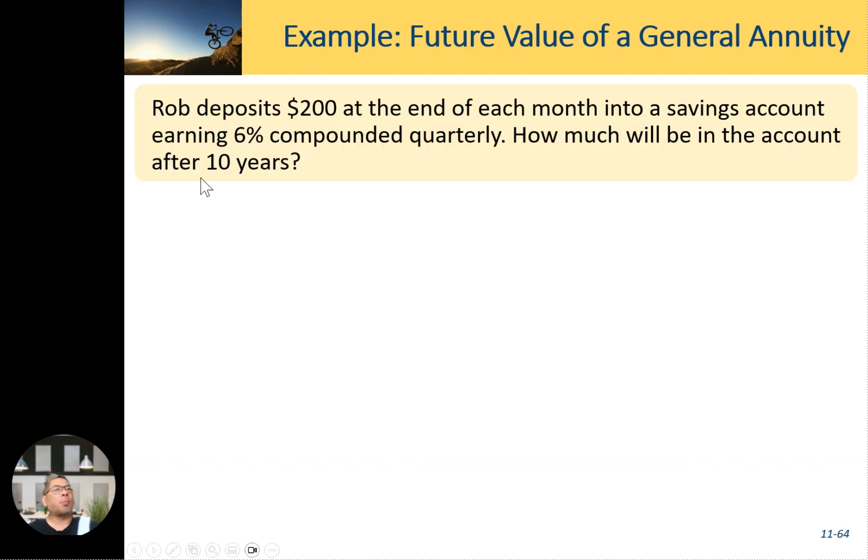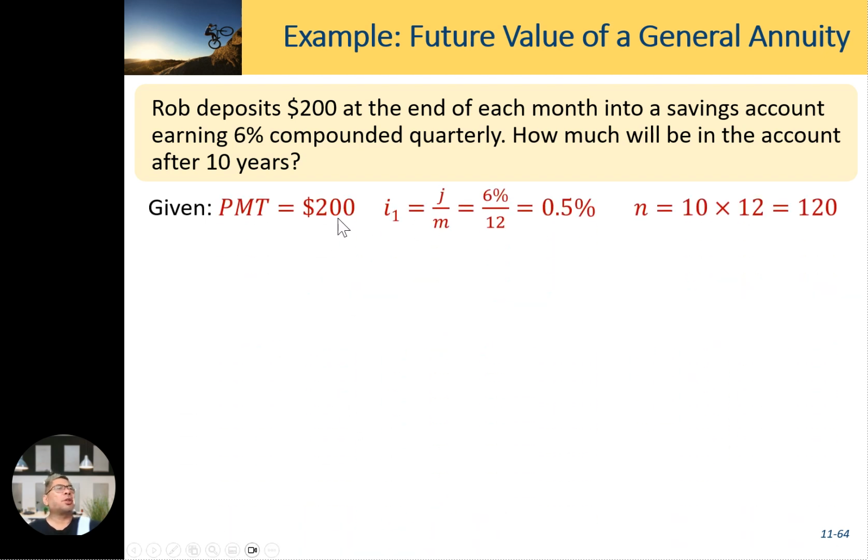So Rob deposits 200 each month into a savings account. An example here, earning 6% compounded quarterly. How much will the amount be after 10 years? Payment is 200. The key one is the I1, the I, which is 6%, and we can divide it by 12, giving 0.5%.